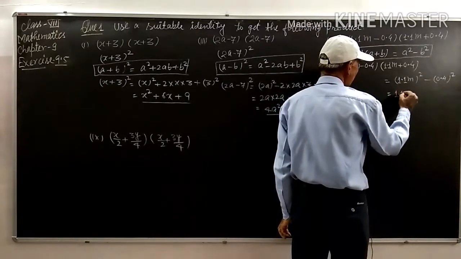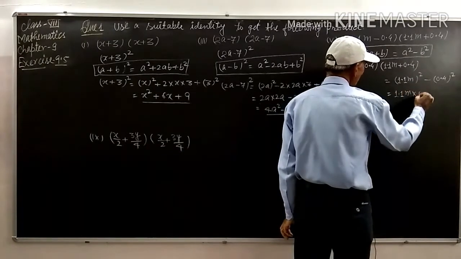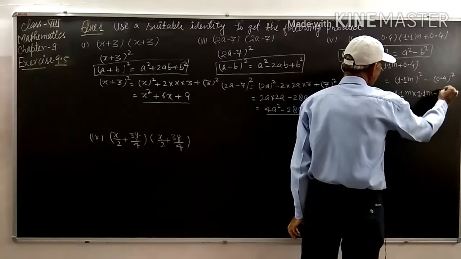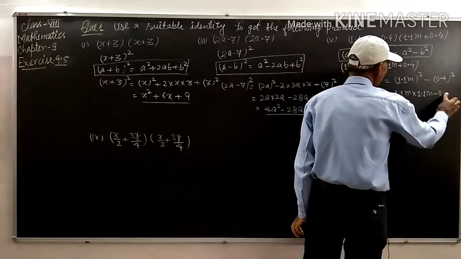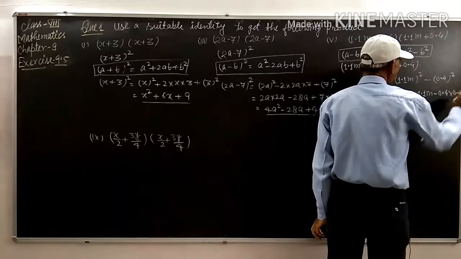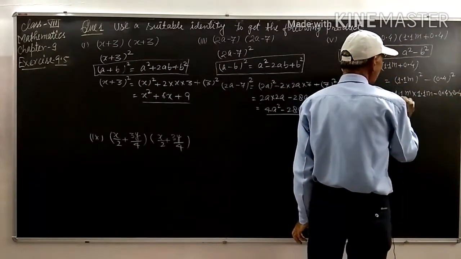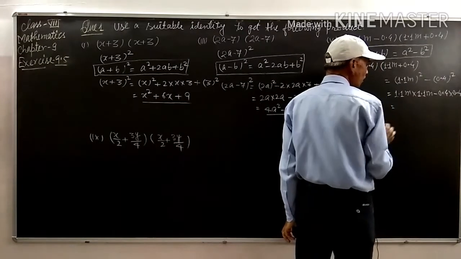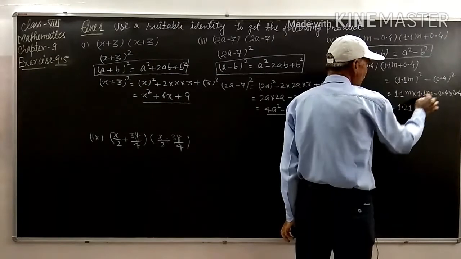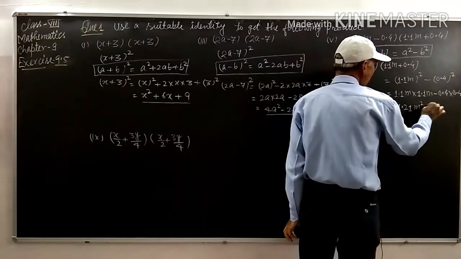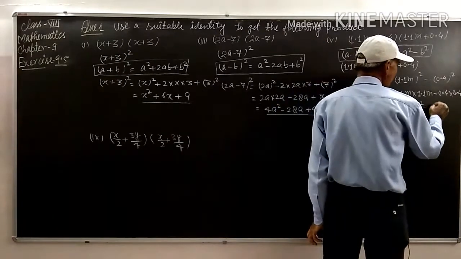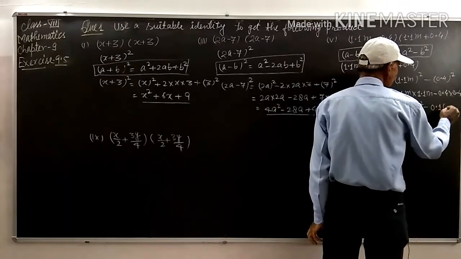So 1.1 m into 1.1 m minus 0.4 into 0.4, that will be 1.1 into 1.1, that will be 1.21 m into m square minus 0.4 into 0.4, 4 4s are 16, that will be 0.16.